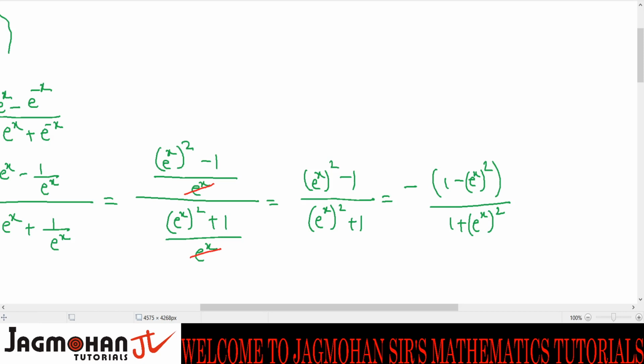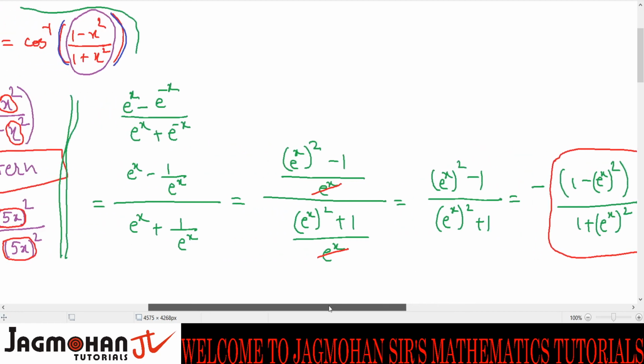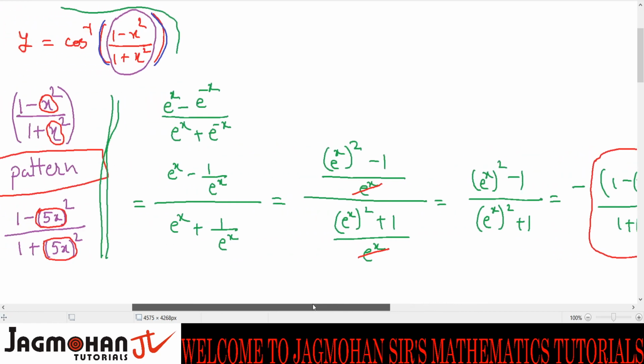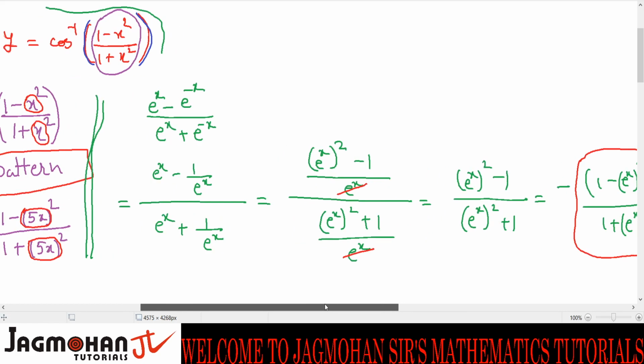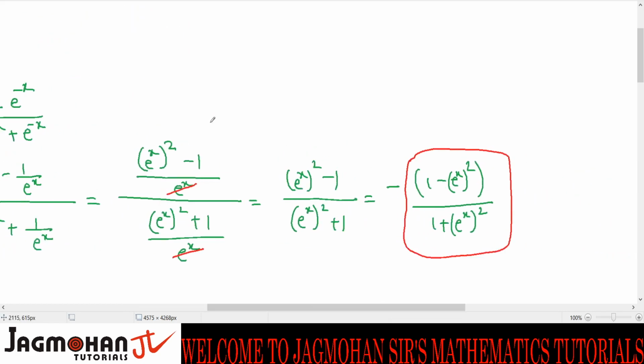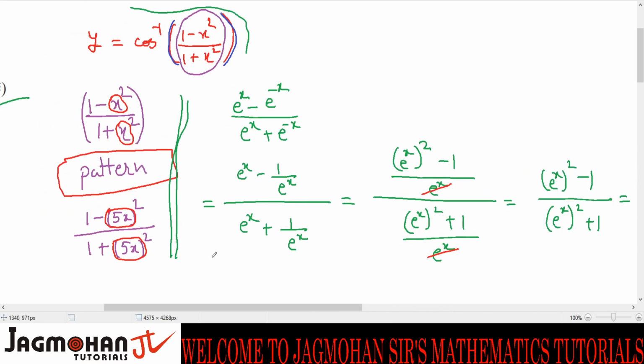Now look at this expression. Don't you see that it is again what we had done here? This expression is like 1 minus x square upon 1 plus x square.